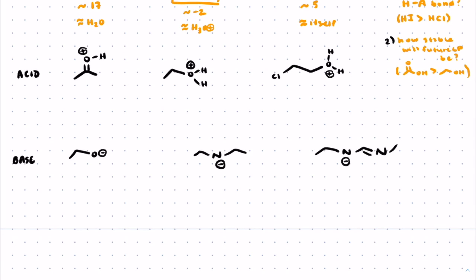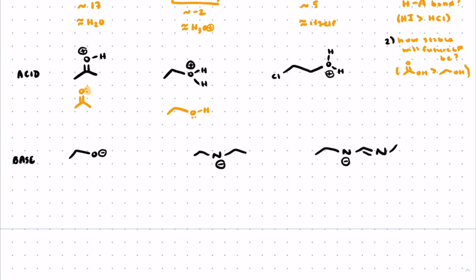So let's determine which one of these is the strongest acid. And this one's going to be really important because we're going to evaluate how stable the future lone pair will be in this one. So let's just do that. Let's write down what the future lone pair will look like. Well, if we deprotonate this, we're going to end up with a lone pair up here. If we deprotonate this, we're going to end up with a lone pair on here.